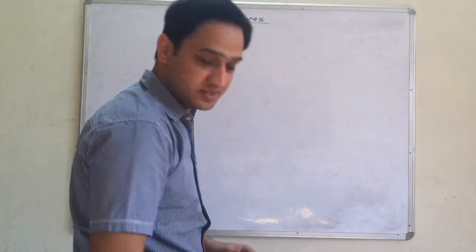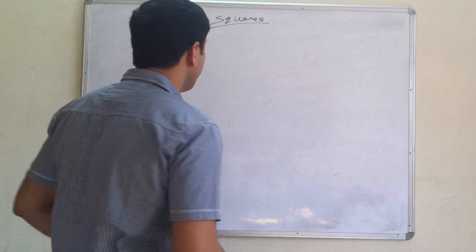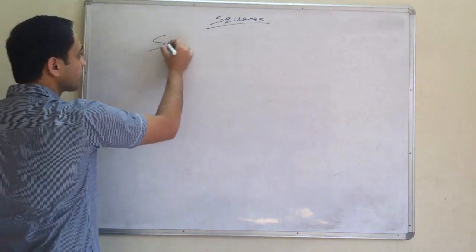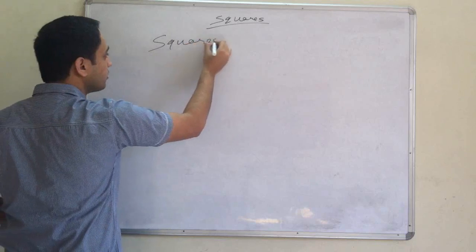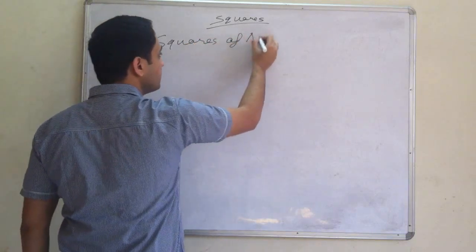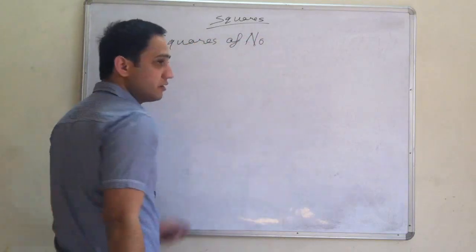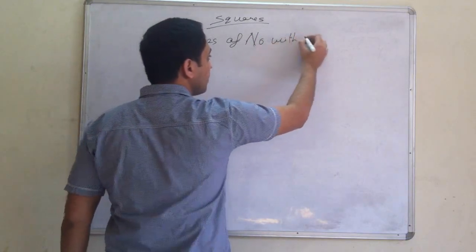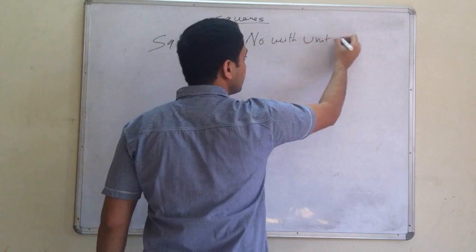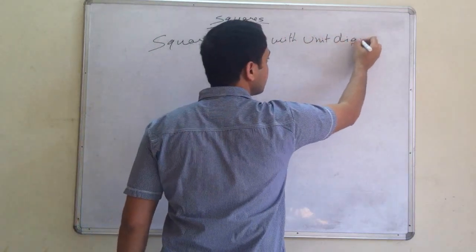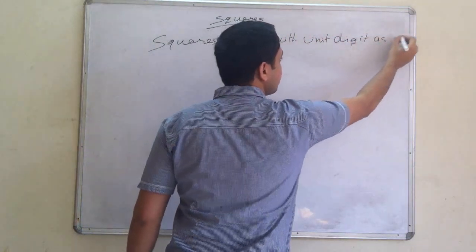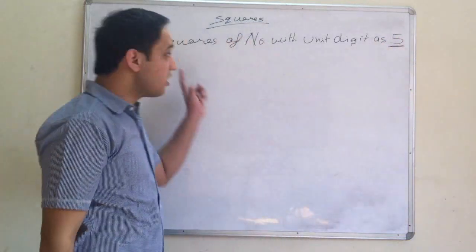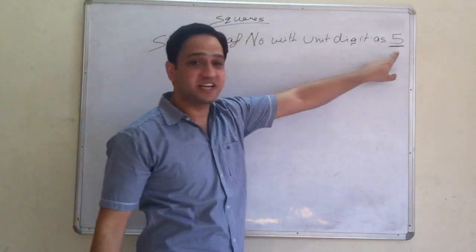Now let's see the second formula. This formula is restricted to squares of numbers with unit digit as 5.